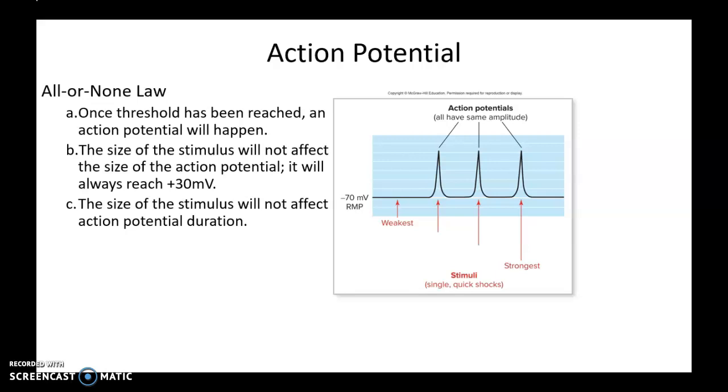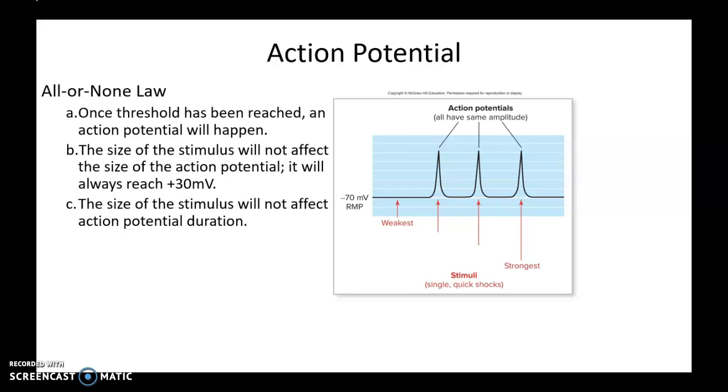By stimulus, we just mean single quick shocks. Now, let's look at the weakest stimulus. The weakest stimulus is not producing any action potential. Why not? Because it's so weak that it cannot reach threshold, right?